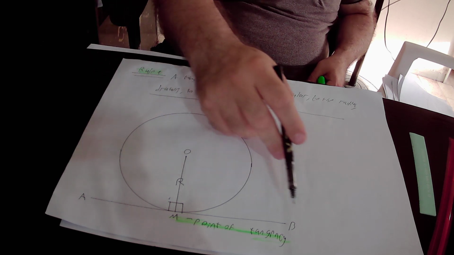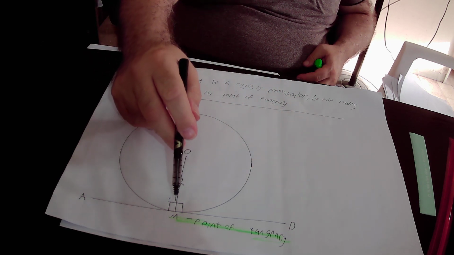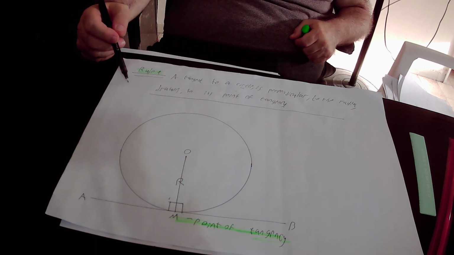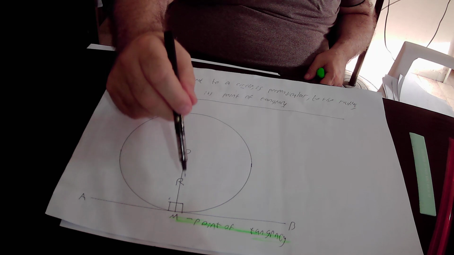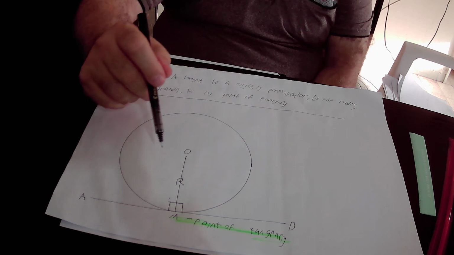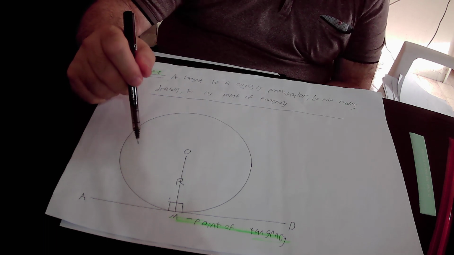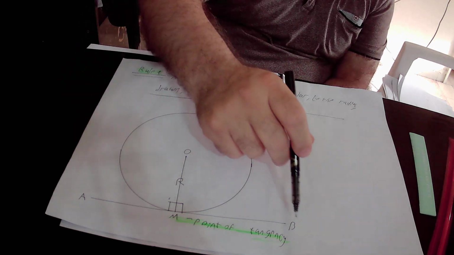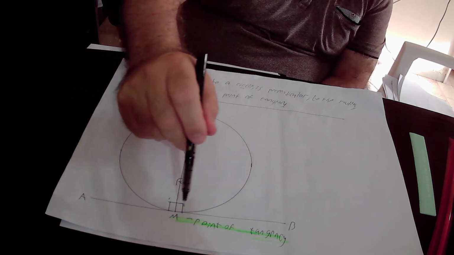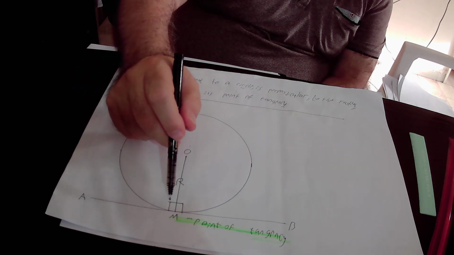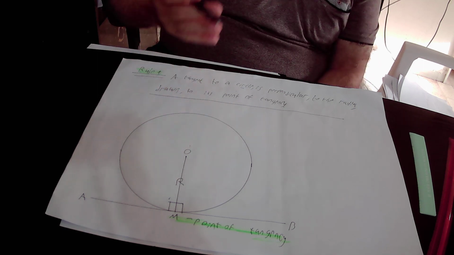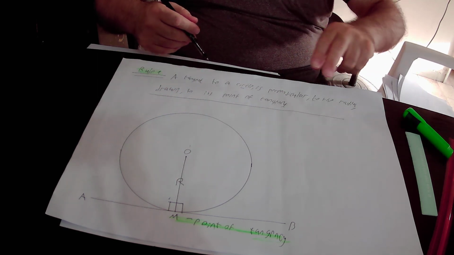Tangent AB is tangent to this circle at point M, the point of tangency, and we have the radius OM drawn to it. So tangent AB is perpendicular to the radius MO, which means this angle equals 90 degrees and this angle also equals 90 degrees according to rule number 1.